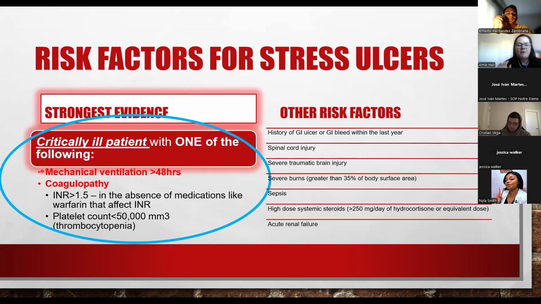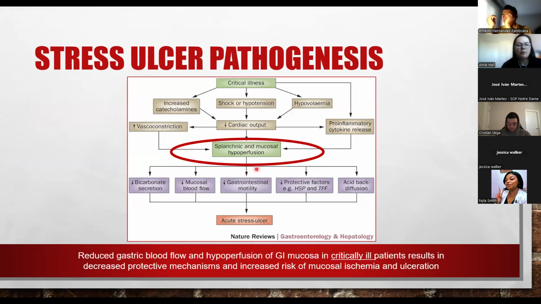It's because if you have to be mechanically ventilated, your body is in a ridiculous amount of stress. And when your body's in a lot of stress, then we get hypoperfusion of the GI tract. And hypoperfusion leads to all those issues: decreased bicarbonate, decreased blood flow, decreased protective factors, increased acid staying in the stomach.